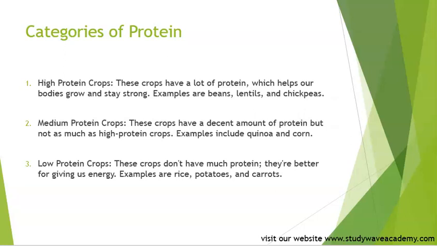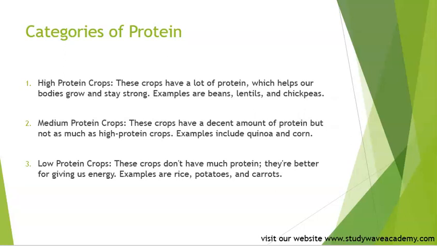These crops have a decent amount of protein, but not as much as high protein crops. Examples we have are quinoa and corn. So these crops produce a decent amount of protein, but not as much as beans, chickpeas, and lentils.